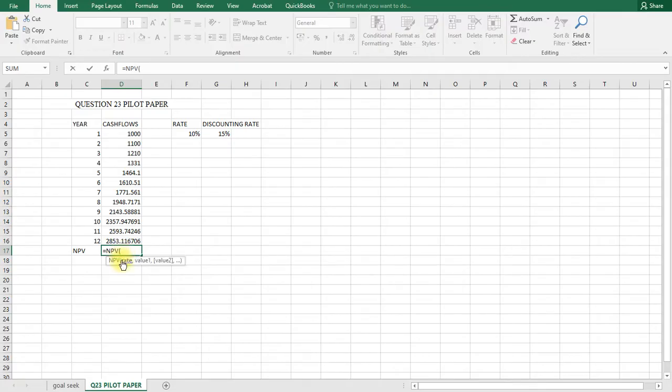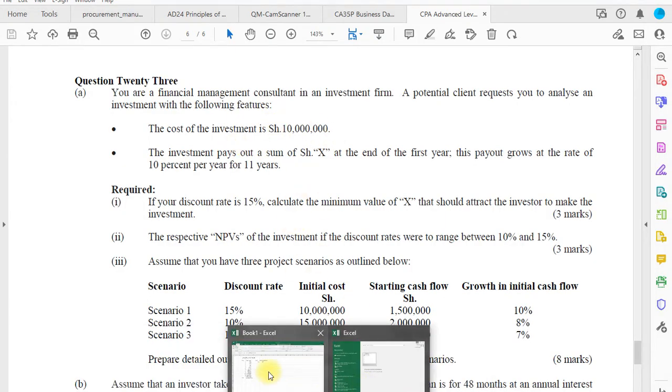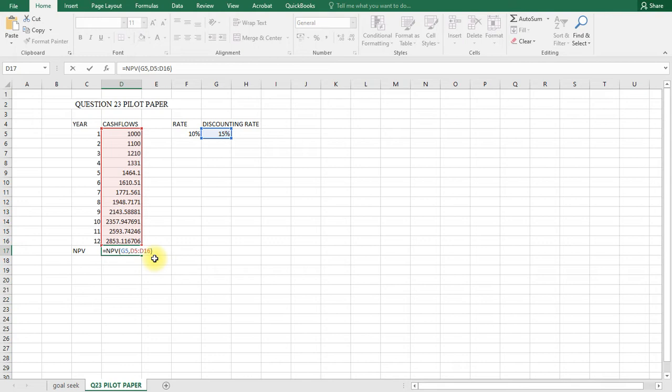I will tab. We need to start with the rate, and I'll put a comma, then the values. I'll highlight all of the values. I'll close, and I did not write my initial, but the initial cash outflow is 10 million here. I will subtract the initial 10 million, with a minus because that's an outflow. And I will enter.